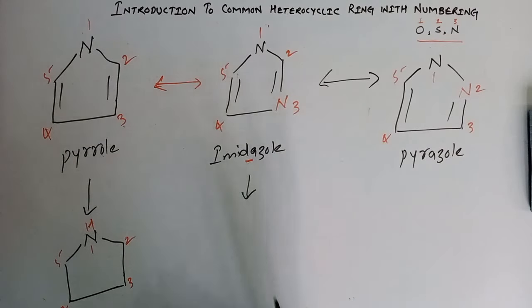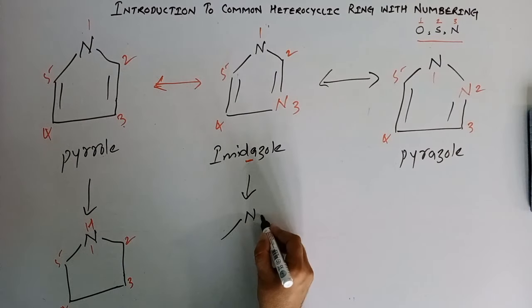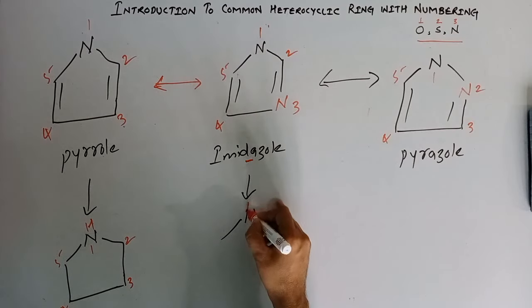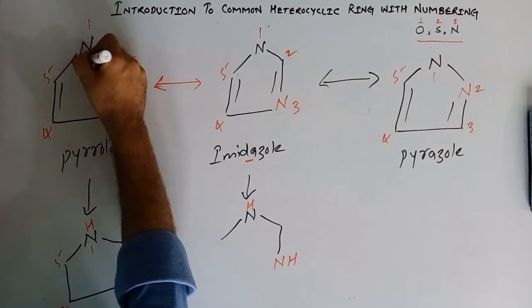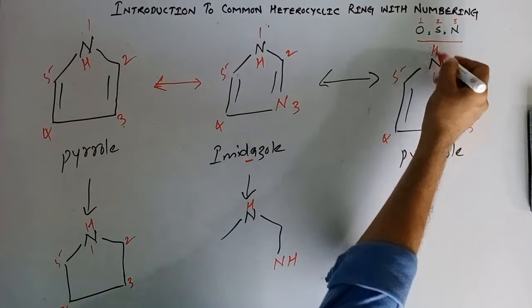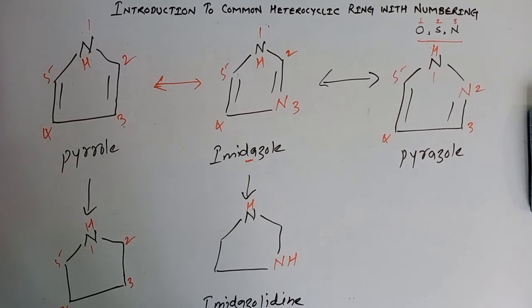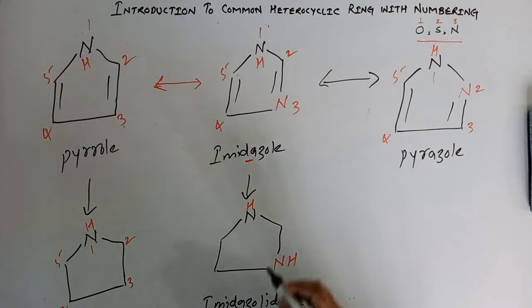Now the saturated ring structure of imidazole has a structure like this. This ring is known by the name imidazolidine, and the numbering begins with this nitrogen: 1, 2, 3, 4 and 5.